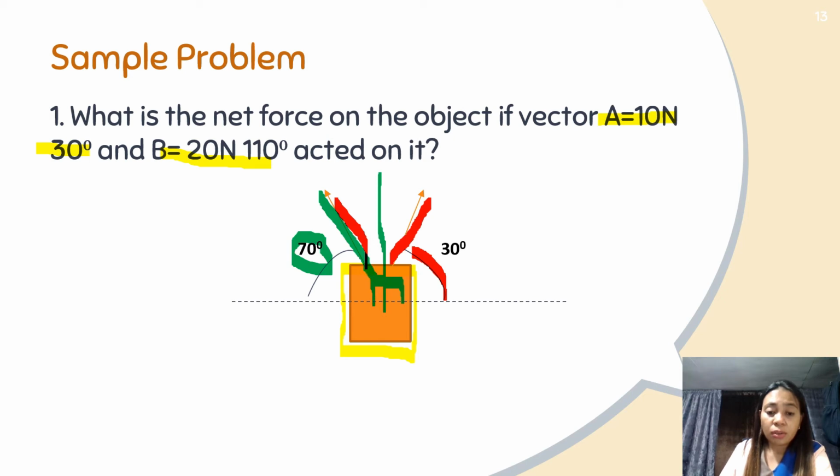So this part here is 20 degrees, because the given here is 70, and 70 plus 20 is 90. This is the perpendicular, that's 90 degrees. So the 90 here plus the 20 here makes our 110 for the second vector.